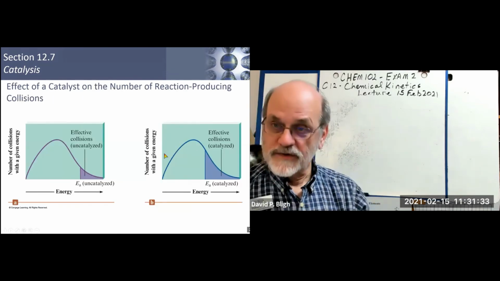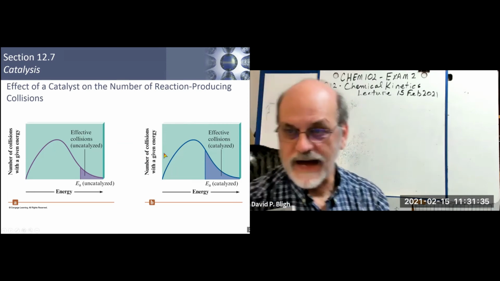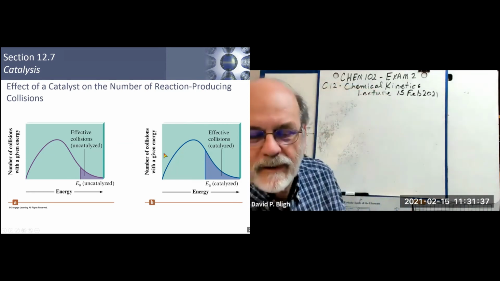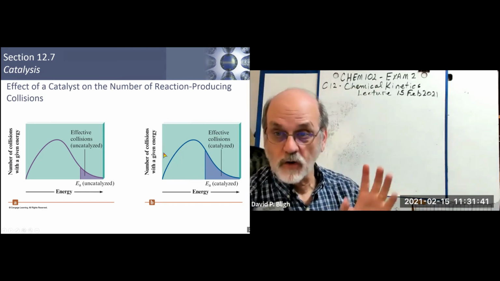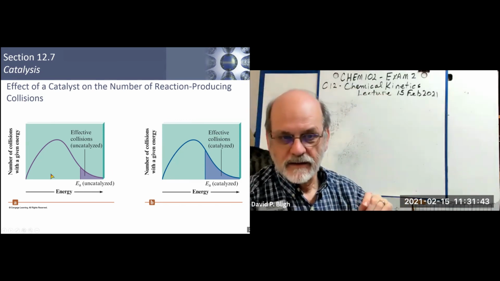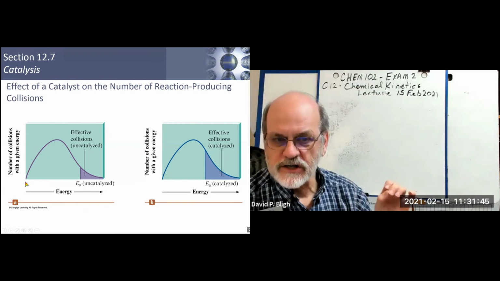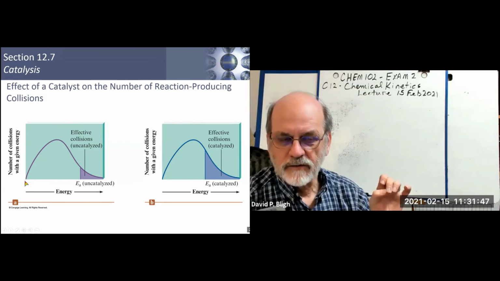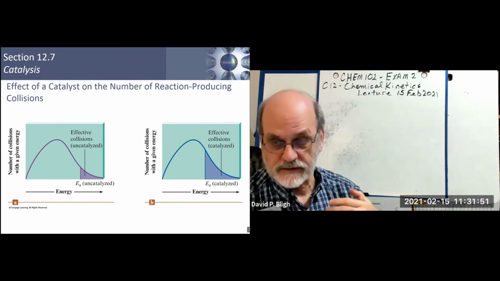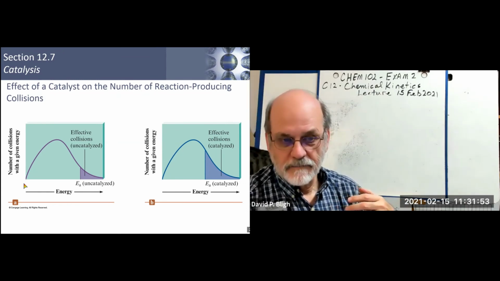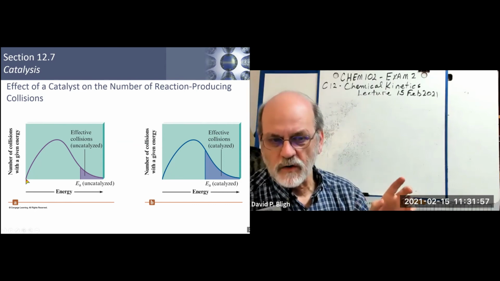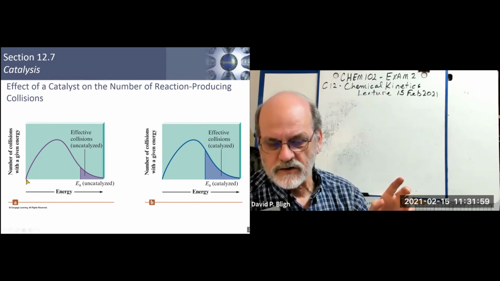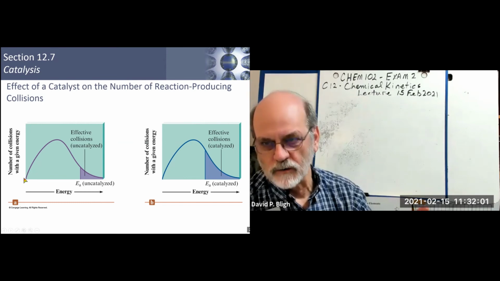Okay. So this set of diagrams explains why more of the reactants actually go over the hump. This is an energy distribution of the number of collisions. A very few, almost zero, collisions occur at this energy, which presumably is zero.